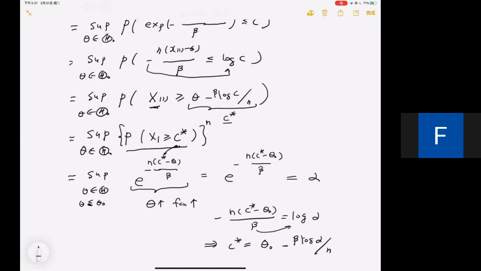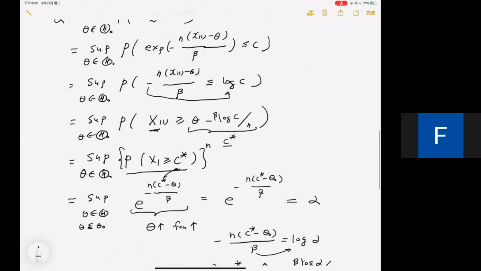So that means the eventual answer would be then plus. Am I correct? Oh, still not. So actually it's minus right here. Okay, theta 0 minus beta log alpha divided by n.